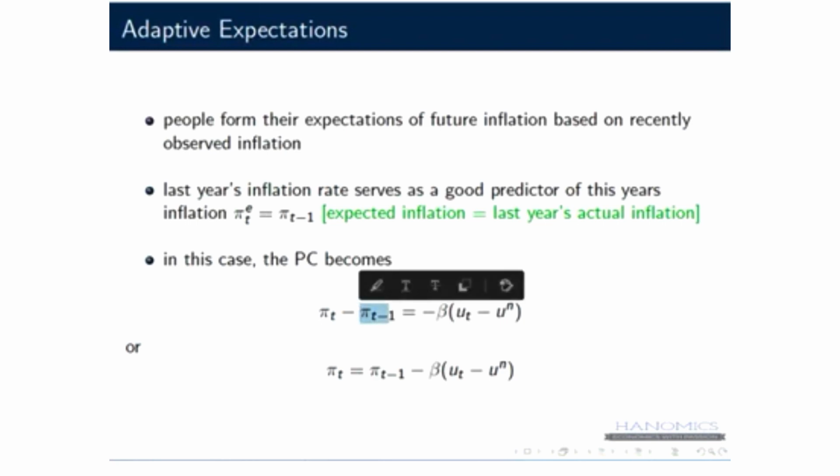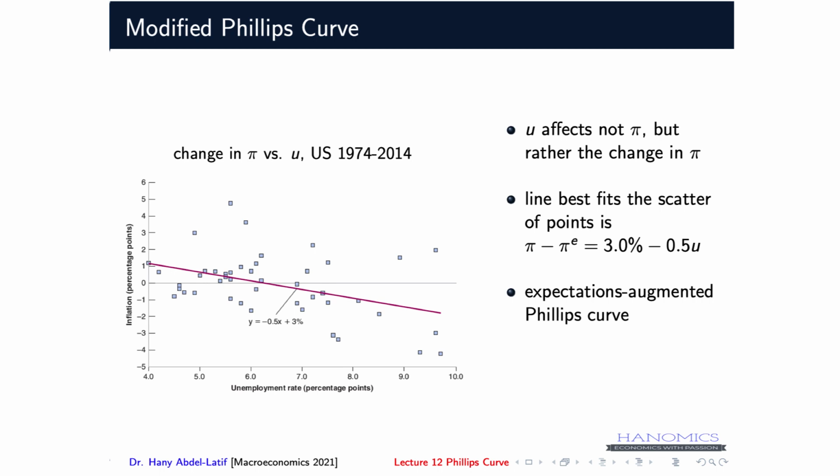So basically we just replace the expectation by the observed inflation. You can look at this as the change in inflation rate, which we actually show here, the change in inflation rate against the unemployment rate. We have the change in inflation because we have pi t minus 1, and that's basically the change in inflation.